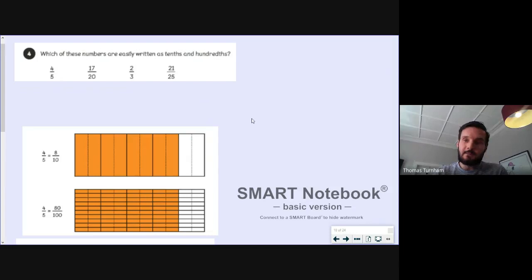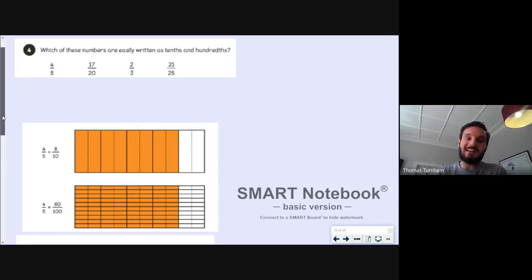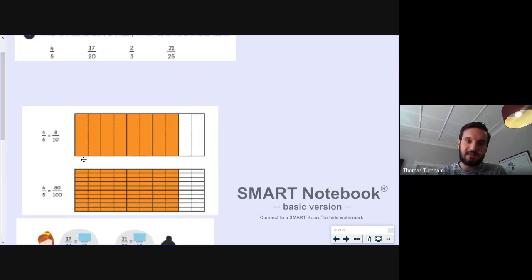It can equally be turned into 80 hundredths because I'm going to take each of these tenths and split them into 100. And that would now give me 10 hundredths, 20, 30, 40, 50, 60, 70, 80 hundredths. Those are equivalent to 4/5.